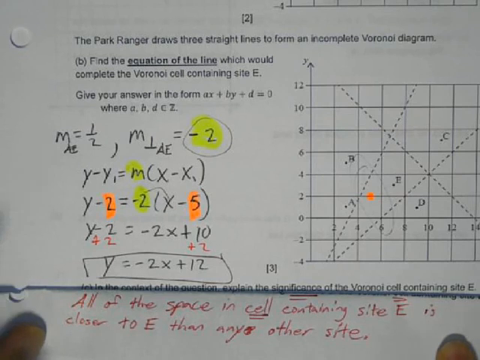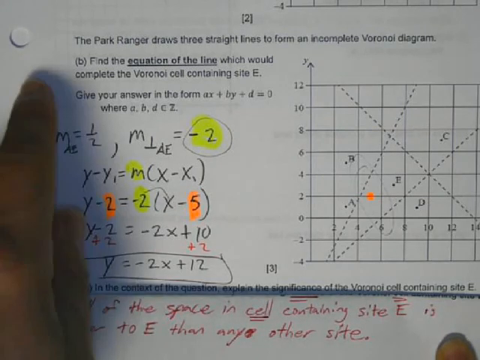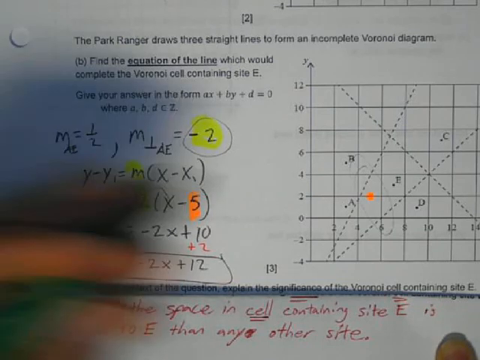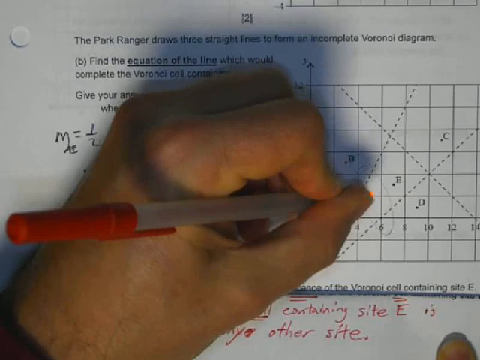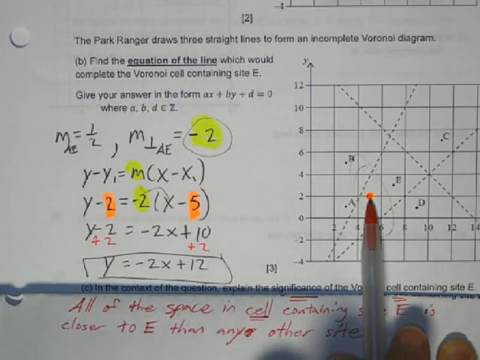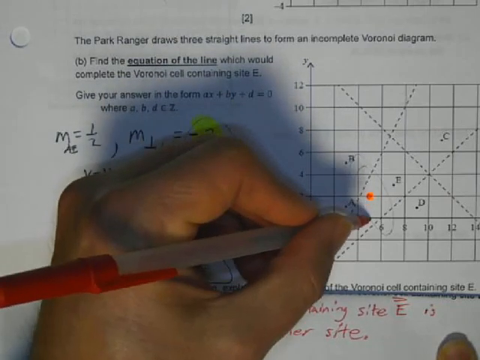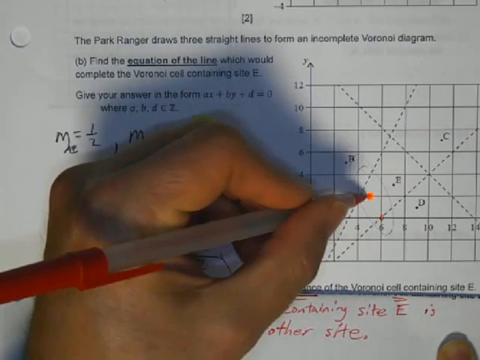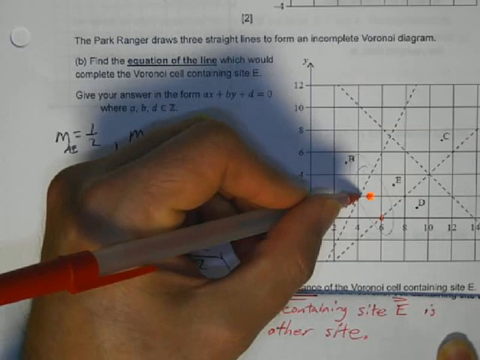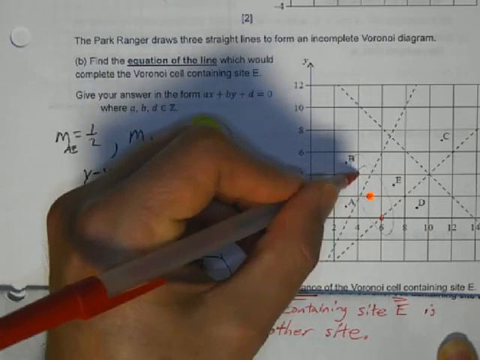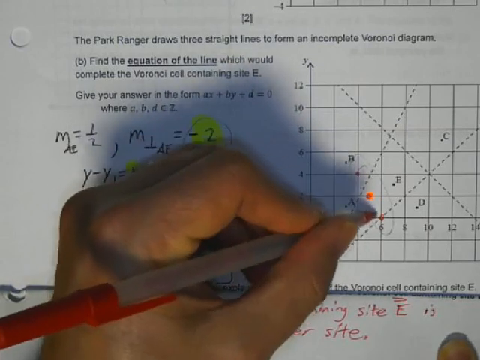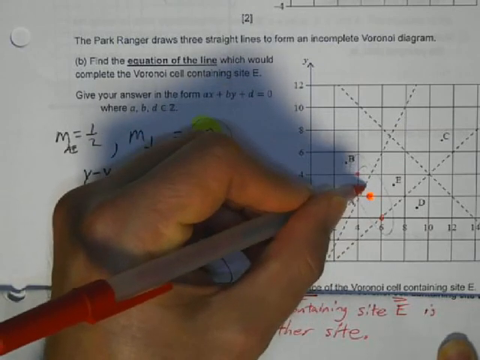Okay, and lastly for this question, I want to draw the missing part of the Voronoi diagram. So it goes through this dot right there, which is 5, 2, and I've got a slope of -2. That means I'm going to go down 2 over 1. In this direction, I can go up 2 over 1.